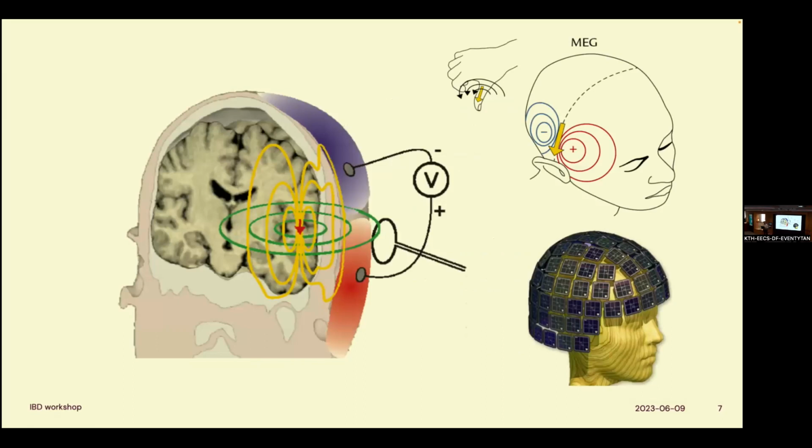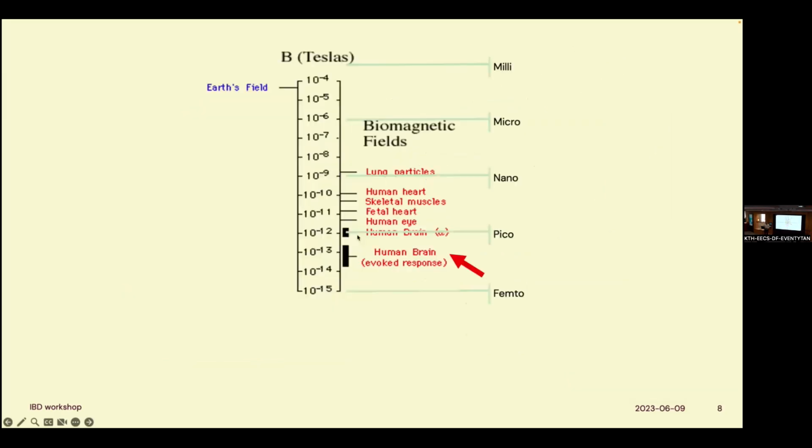So when we have a strong enough signal, basically what we have to do is put a bunch of sensors around the head and measure the field distribution. Sounds pretty simple, but maybe this gives off a wrong impression. We're still looking at really tiny signals. Here you can see how the different biomagnetic fields scale.